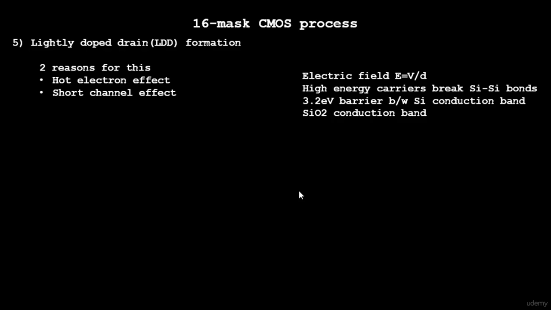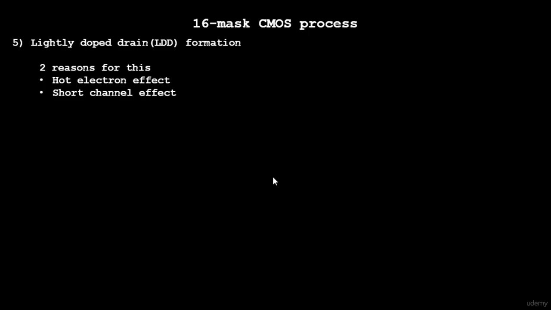So next is mask 5. We have to use mask 5 and repeat the same steps for the PMOS that we are trying to fabricate over here. We also need to control the threshold voltage of the PMOS, and we do the same thing: the spinning of the resist, mask, ultraviolet light, some chemical reaction, and then this particular part of the resist gets washed away. Now this portion is exposed to an n-type impurity.